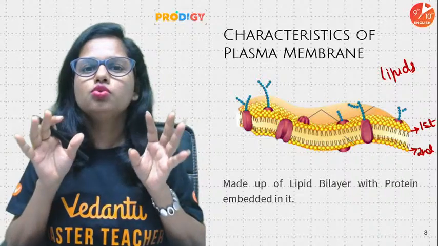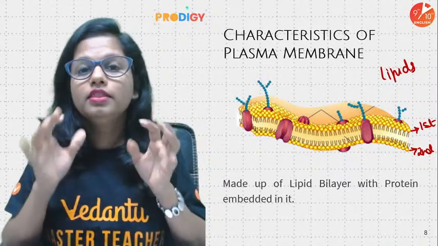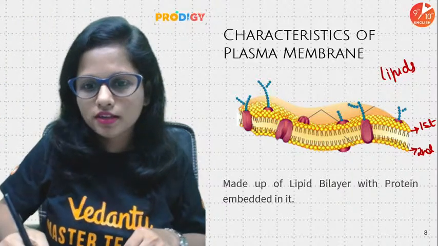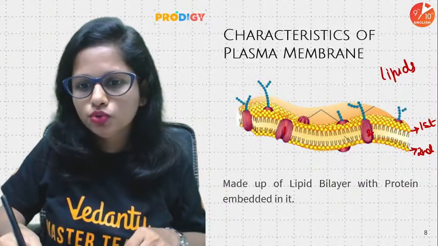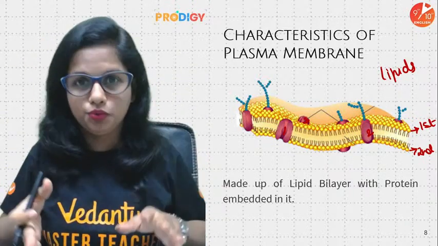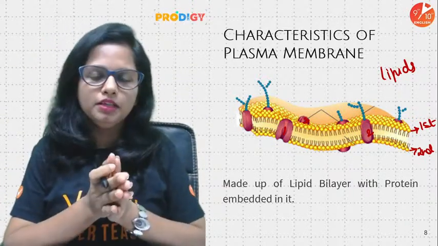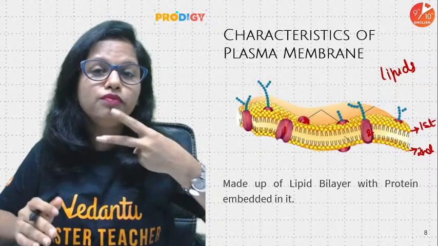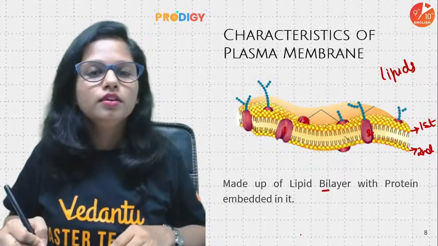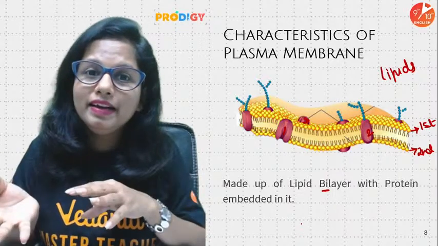Now, in these two layers of lipids, there are protein molecules which are embedded, like if you see, 1, 2, 3, there are protein molecules embedded in between. Two means bi. So there is a bilayer of what?